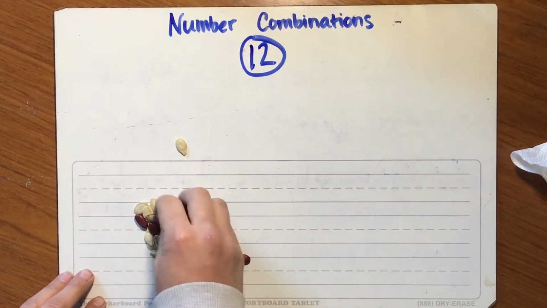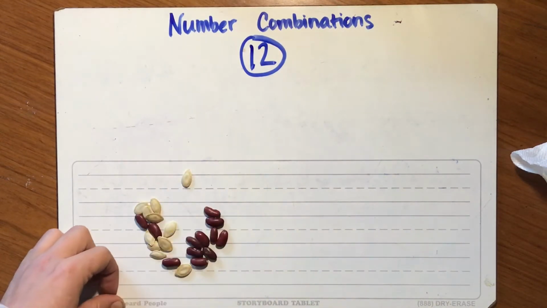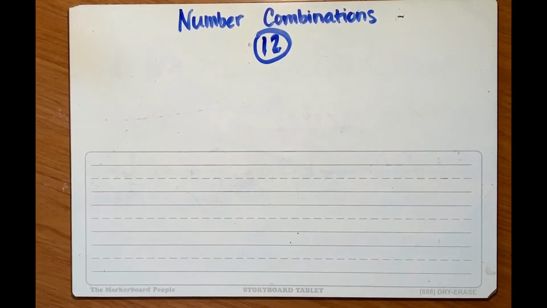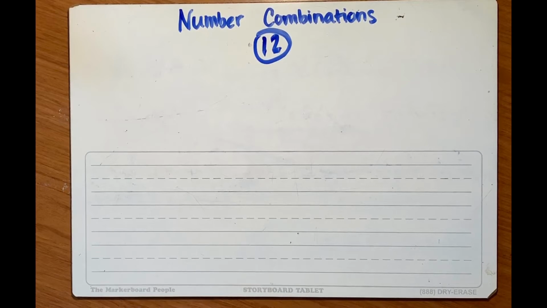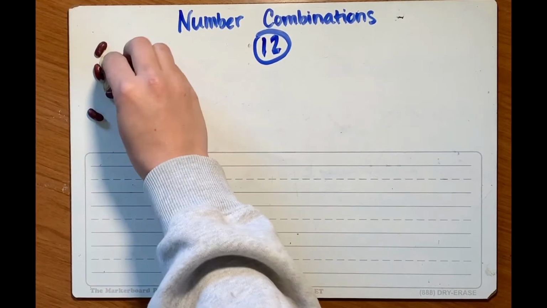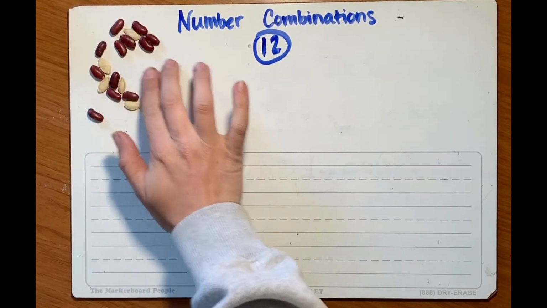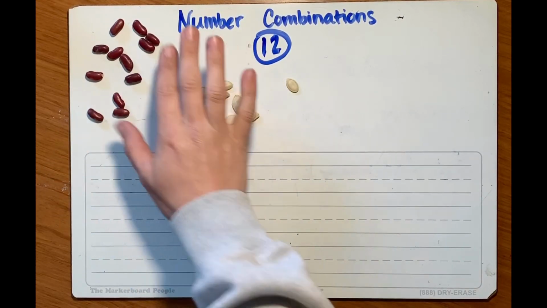So instead of using our penguin feathers, we're going to be using 2 different colored beans to start out with to help us find our number combinations to 12. So to start out, the easiest way I can think of is having all 12 of one color.